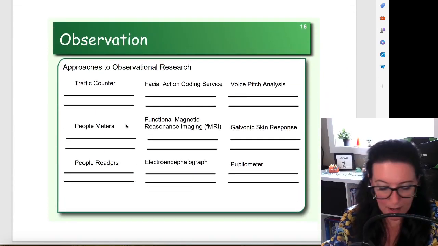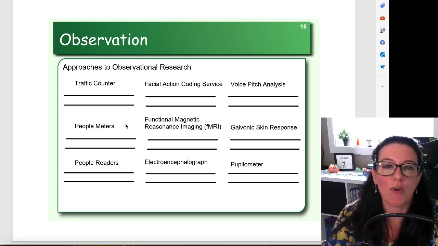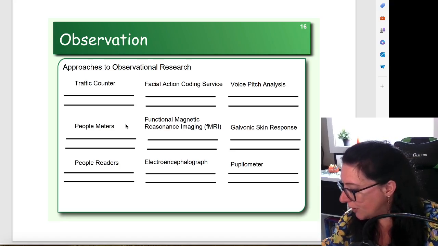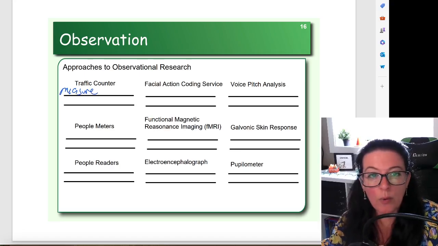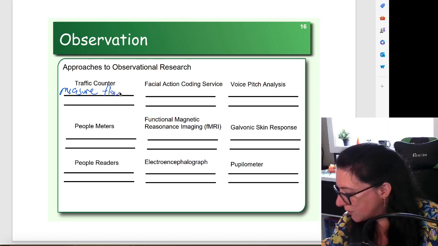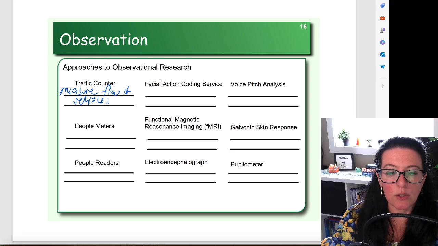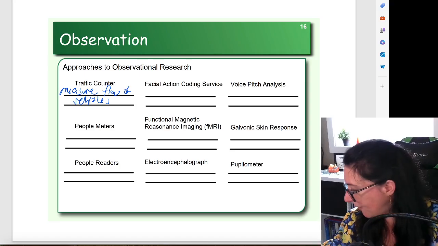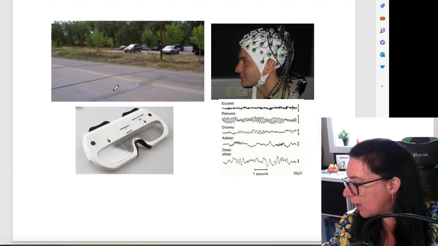So let's start by defining a traffic counter. A traffic counter is going to measure, we are going to measure the flow of vehicles. And when we look at a traffic counter, the old school methods for traffic counters would be like what you see here.